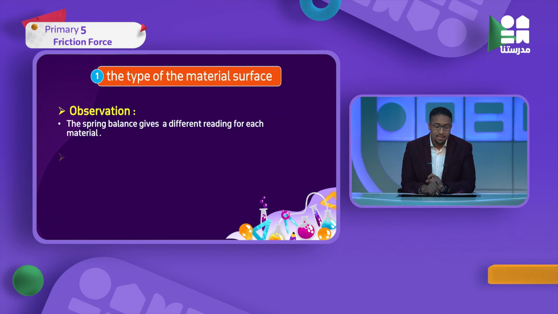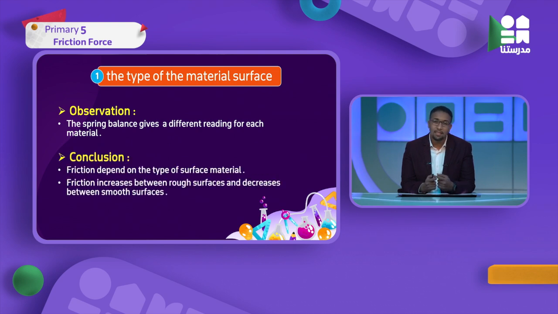Observation: the spring balance gave a different reading for each material. The spring balance is like a scale that measures force, and it gives us different forces. Why? Because friction force in silk will be less than cardboard, and less than the carpet.